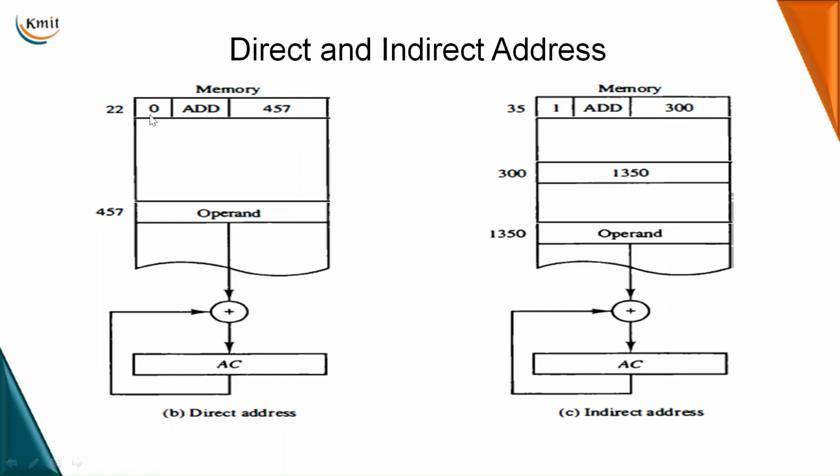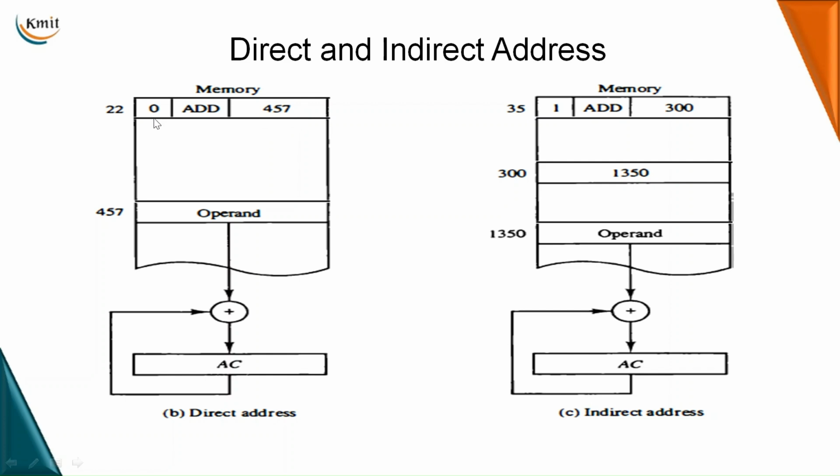The instruction format contains the mode bit, the opcode and an address. The opcode specifies that the CPU has to execute an add operation. The address part contains 457, which specifies the address of the operand.